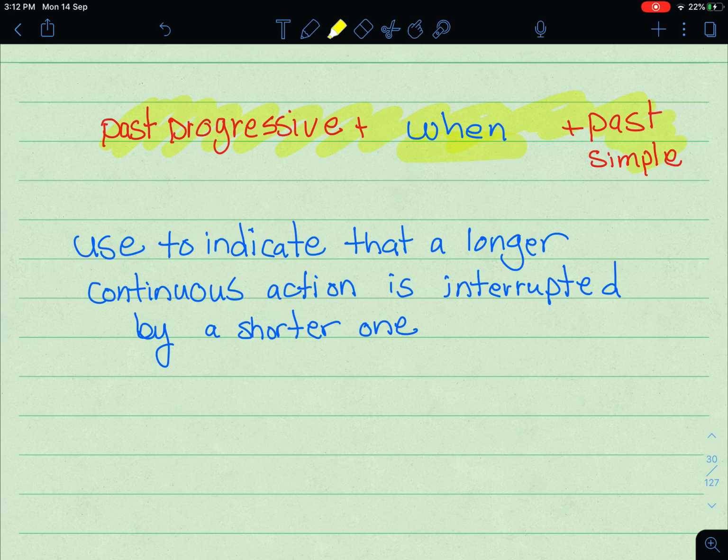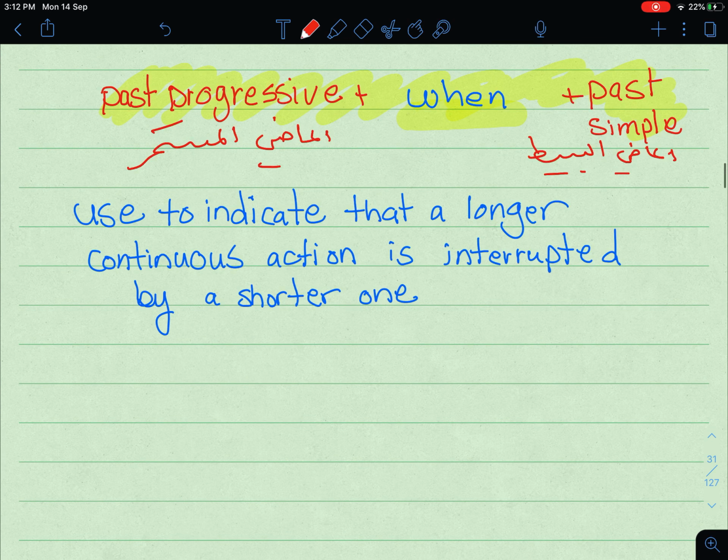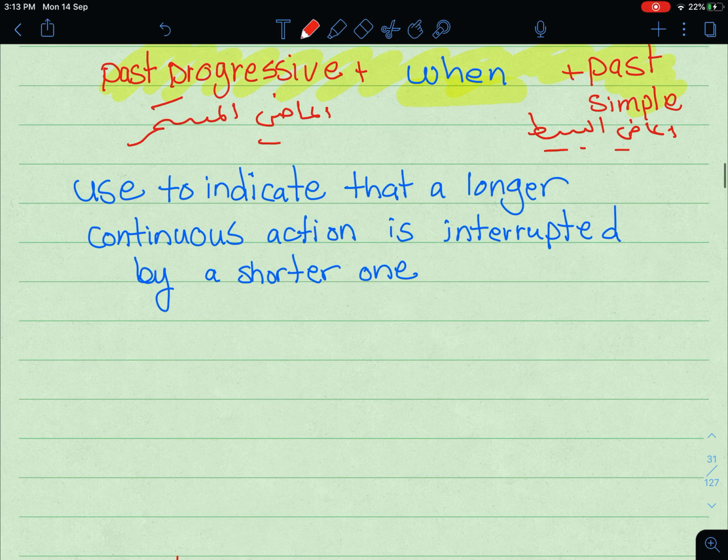هالحدثين اللي هو الماضي المستمر, okay, وهنا الماضي البسيط. And this is very easy. You just have to understand the meaning or the uses, عفوا, الاستخدام حقه. I'm going to explain to you first and then I'm going to give you an example.